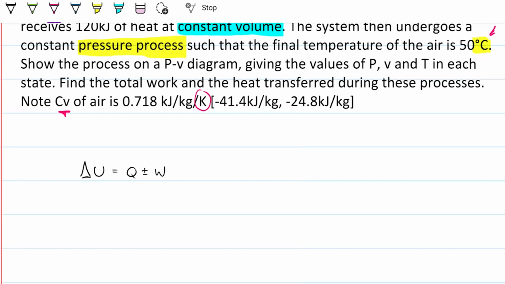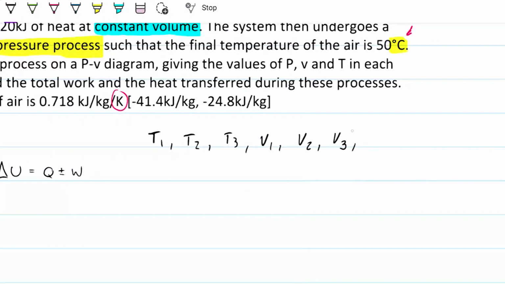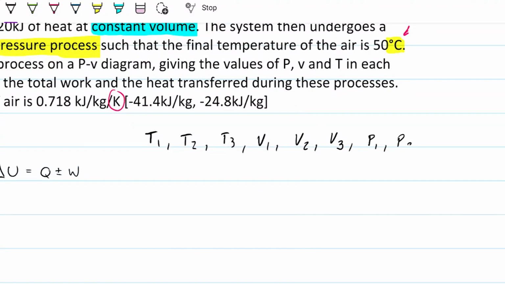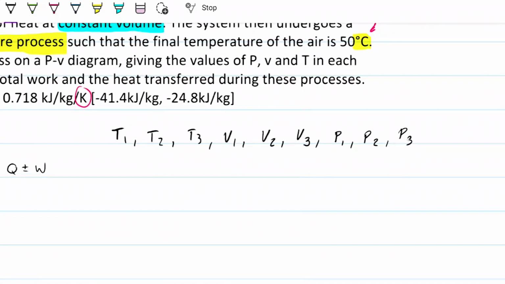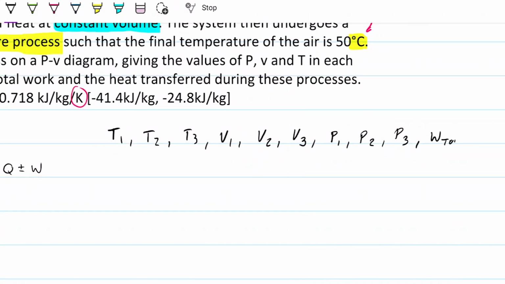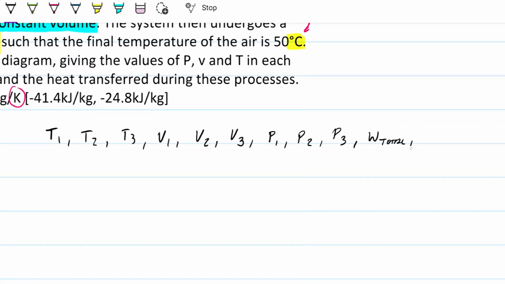So there's a lot going on here. They're wanting us to find T1, T2, T3, volume 1, volume 2, volume 3, pressure 1, pressure 2, and pressure 3, and finally work total and heat total. A lot of things we need to find.